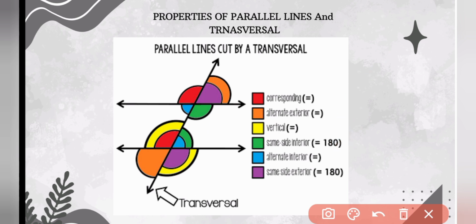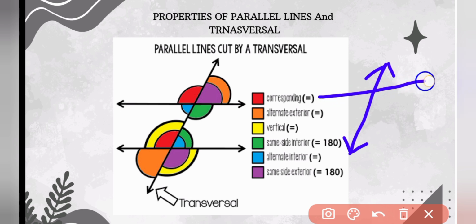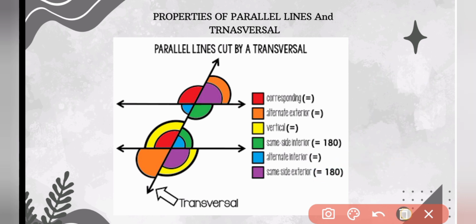If you have a line which is said to be the transversal, let me draw it clearly. So if you take the reference of your paper, it is going at an angle, you can see here, and it will go to infinity in both the directions.